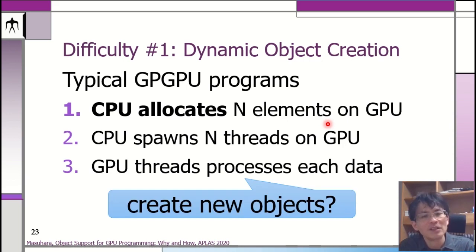But if we want dynamic object creation, like we've seen in the fish and shark simulation, that means this parallel process requires allocating new objects. So that means we need to create new objects inside of the GPU rather than allocating the memory area by the CPU.